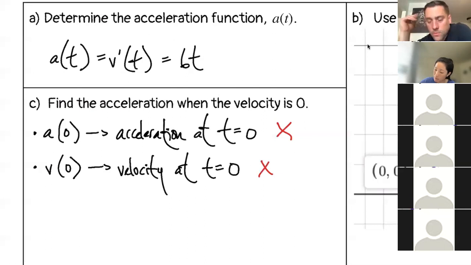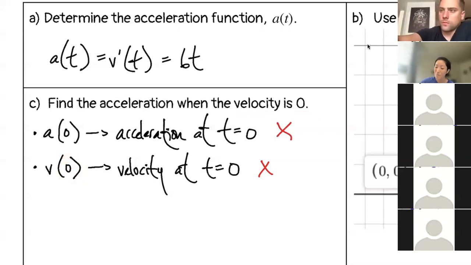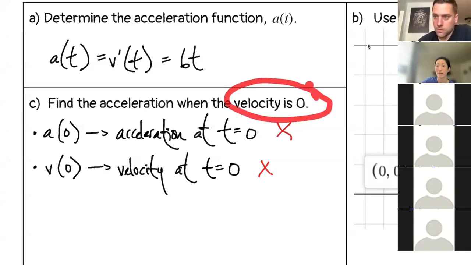A lot of times I find that students panic and plug numbers in. They're like, it says acceleration, so I'm going to plug 0 in because that's the number I see. Or maybe you see the word velocity and 0, so I'm just going to plug 0 into velocity. But what I'm encouraging us to do here is really unpack what that sentence is saying.